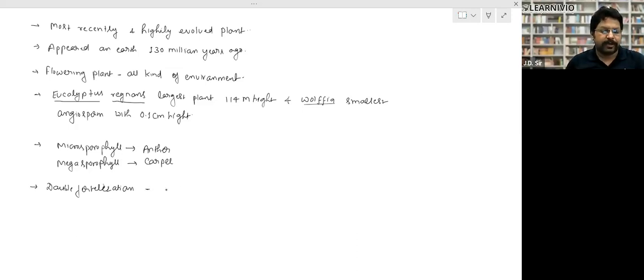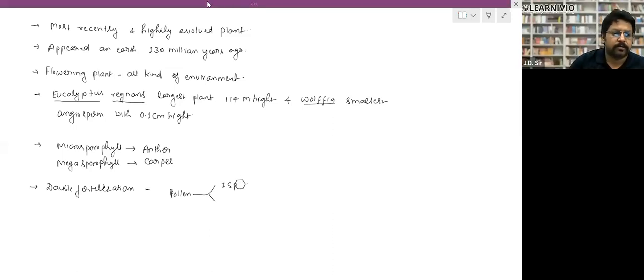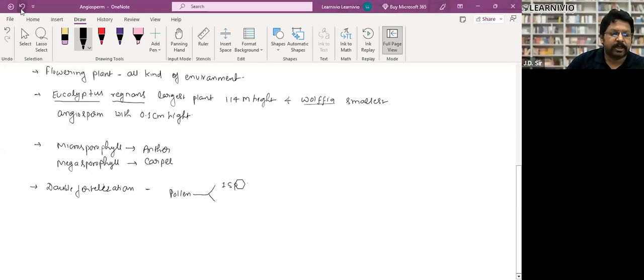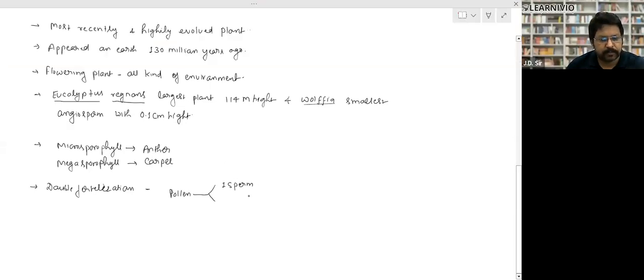Actually, how the double fertilization takes place, we'll study that thing in detail in future classes. So till then you can see that this pollen grain, when it germinates, it produces two sperm. Fertilization takes place at two places. First sperm and second sperm.